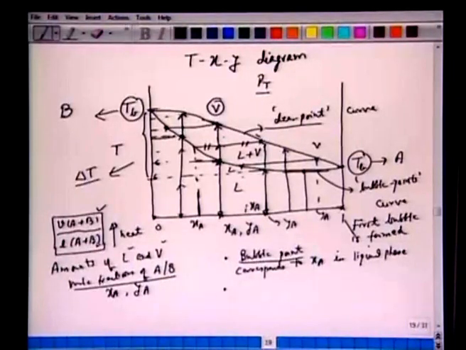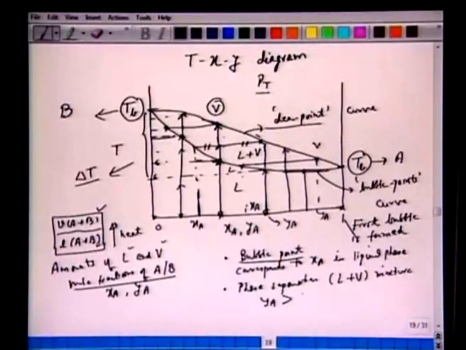After that there is just phase separation, or we have a liquid plus vapor mixture, in which you can see the vapor phase composition is greater than the feed composition, if you call it ZF, which in turn is greater than Xa.